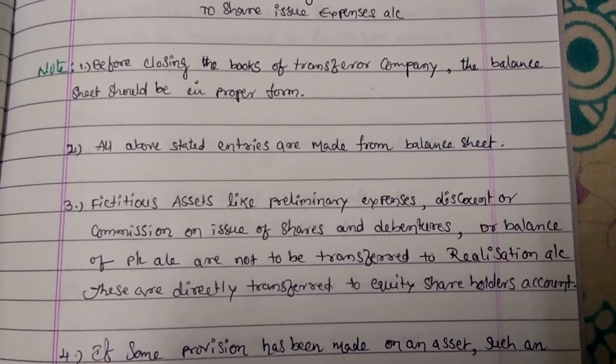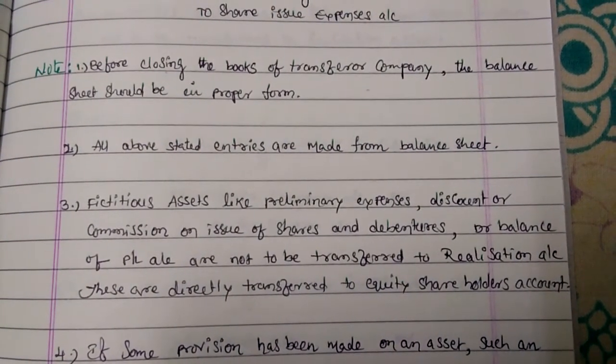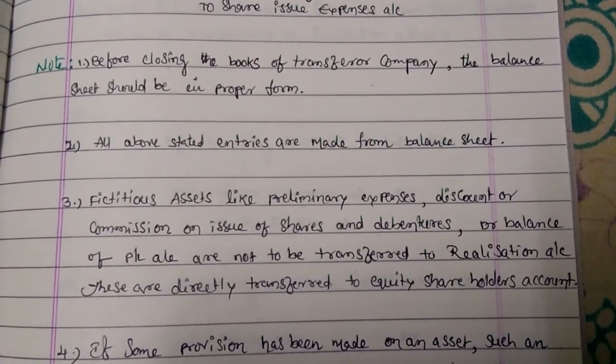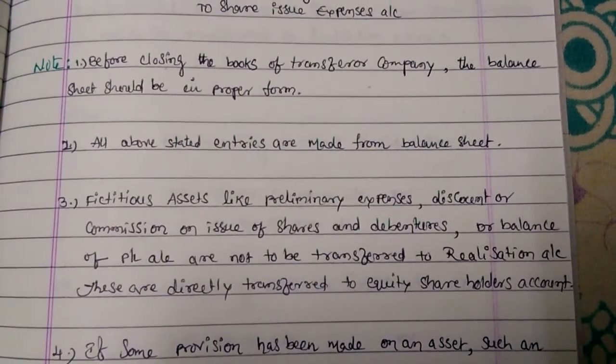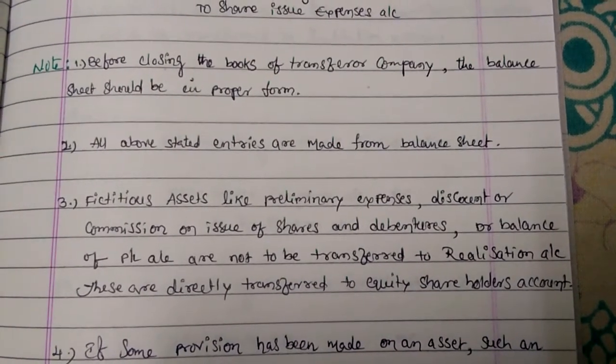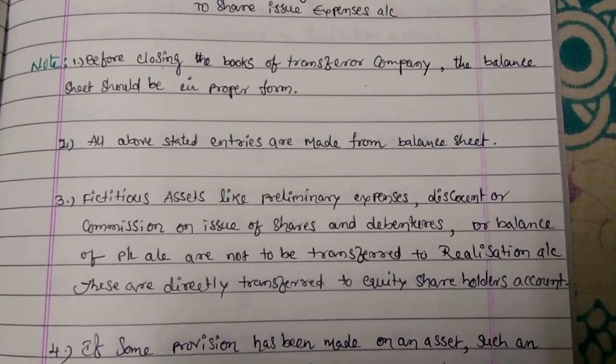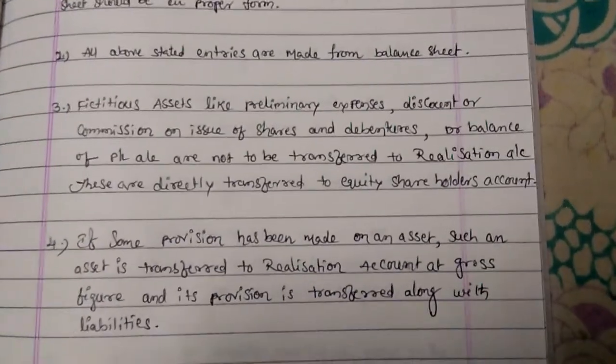Definitely try to show it in proper form. The second point is that all the above stated entries are made from the balance sheet, so take the balance sheet only for writing the entries.